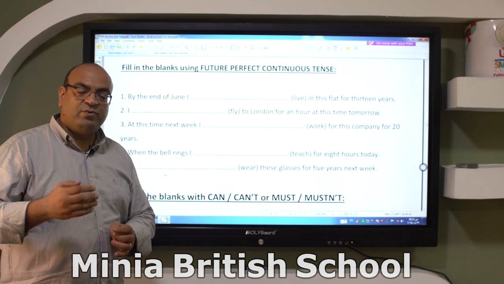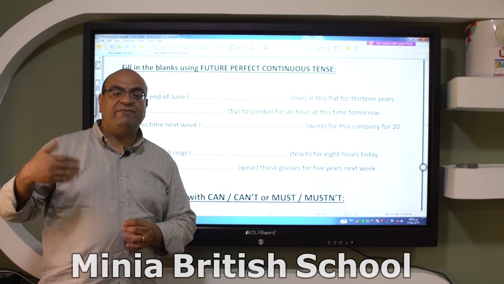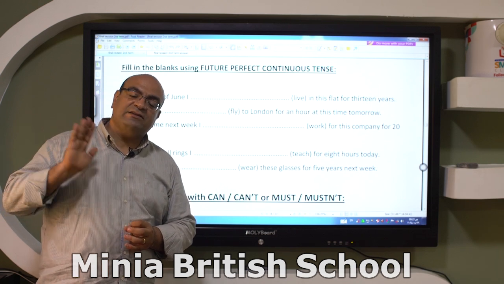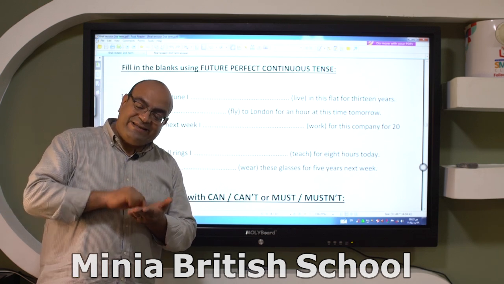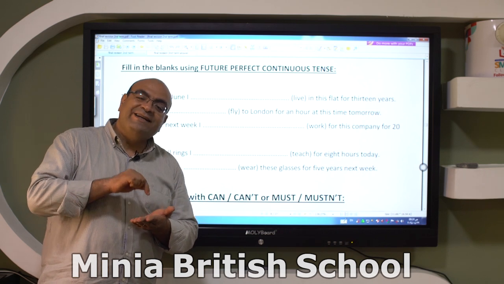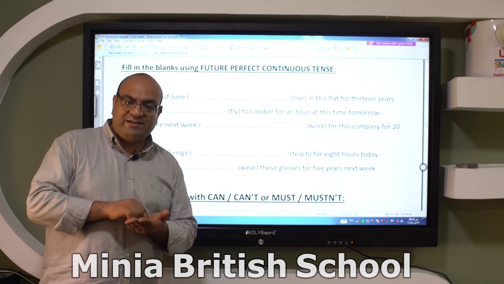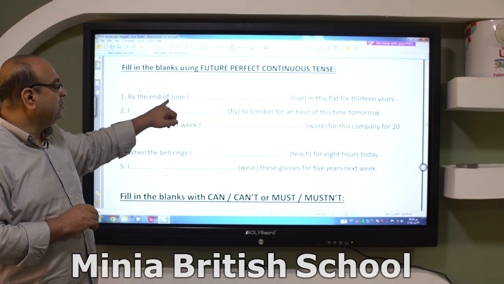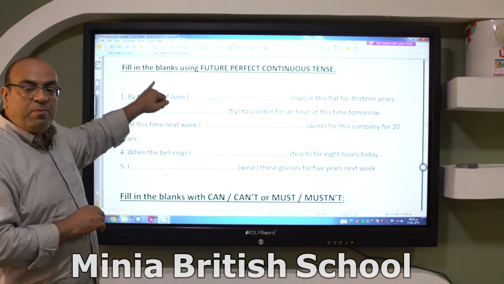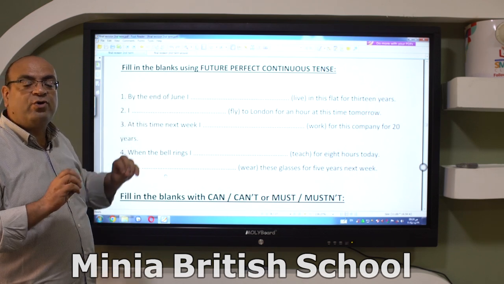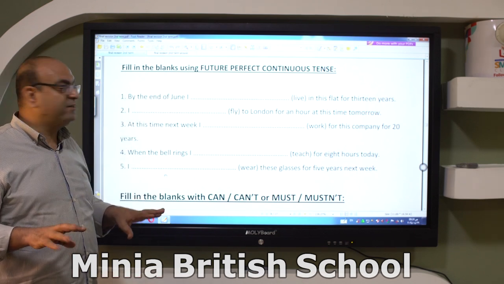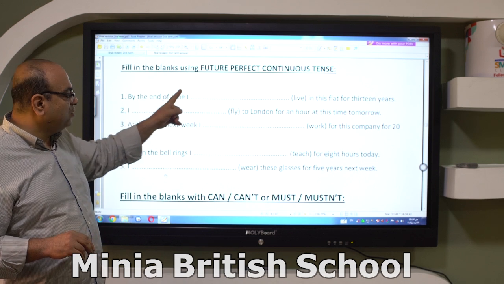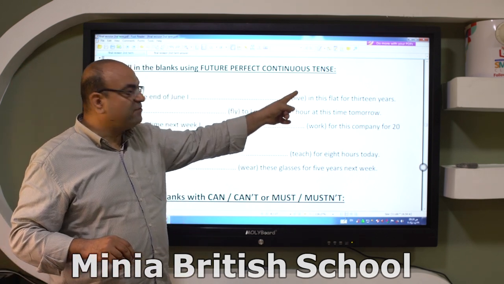Rather than this, we're talking about an action that has started and is still in progress till the time I mention in the future. So by the end of June, of course, "by" is one of the main keywords for all the future perfect. By the end of June, I blank in this flat.